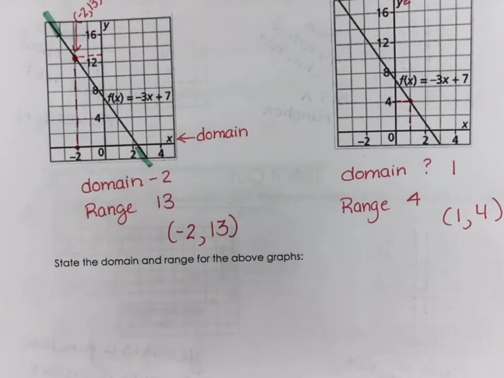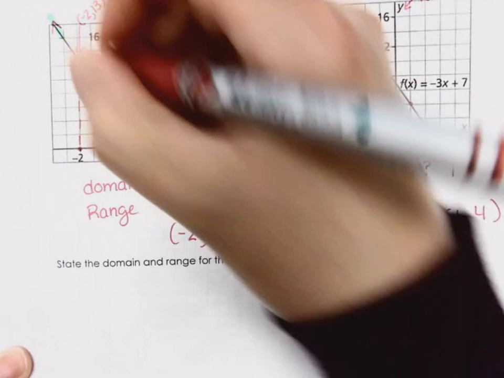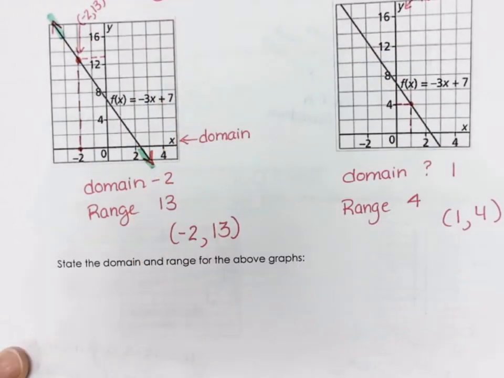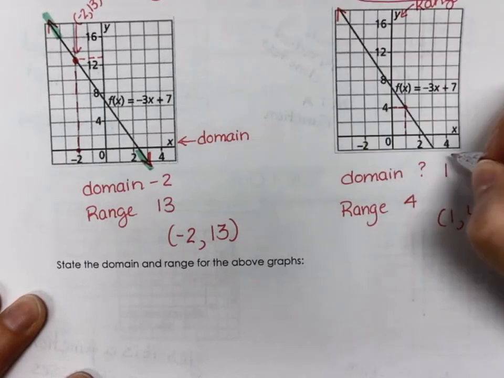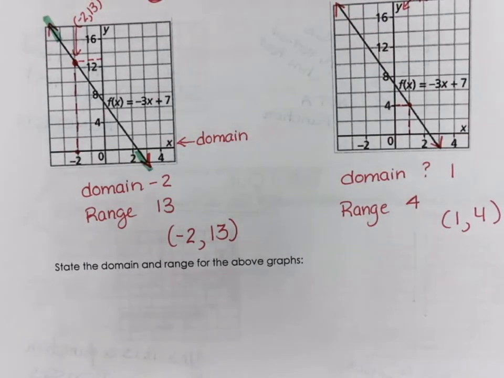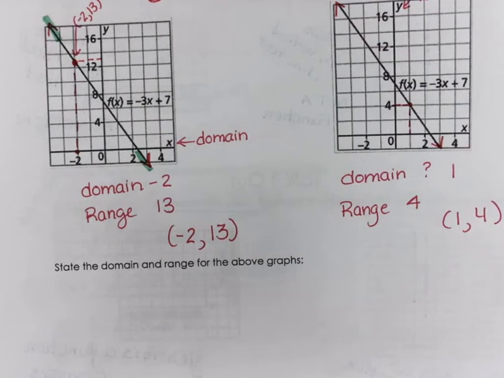They continue. So you can just draw arrows on them if that makes it easier for you to see that. And I'll do the same with mine. Okay, you can pick either set notation or you can pick interval notation. I'm good with either. So you guys are going to do the domain and range of the first one.